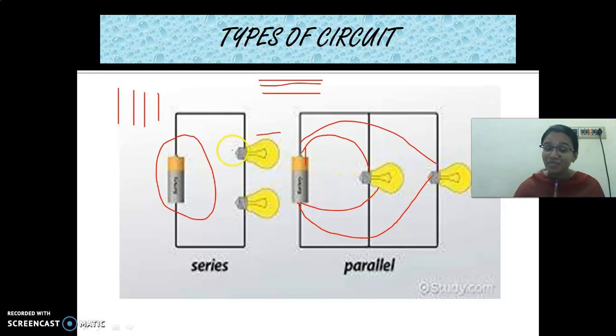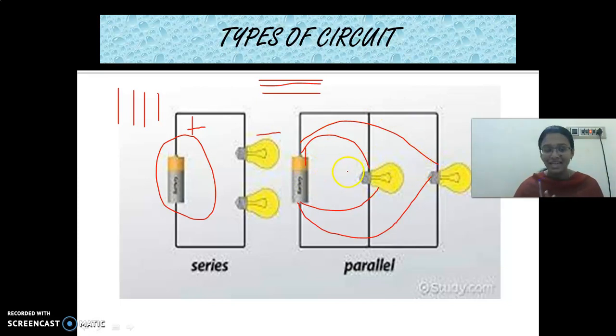But here, what happens, children? The charge starts flowing. Here the positive charge is produced, right? This charge starts flowing, reaches this bulb, and the charge from this bulb only reaches the second bulb. Yes or no? But in this case, the charge from the cell is given separately to each bulb.